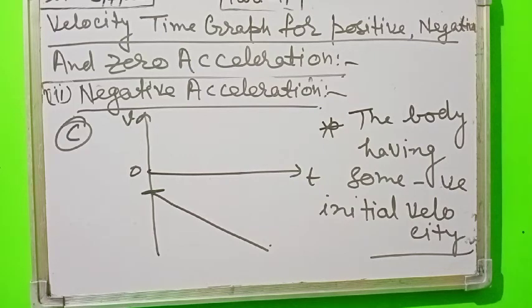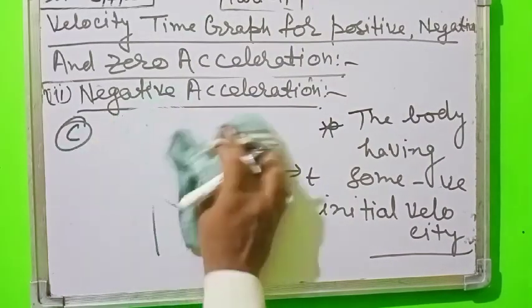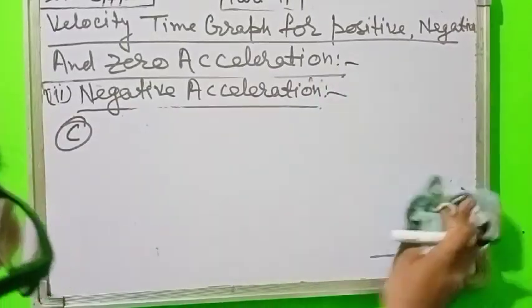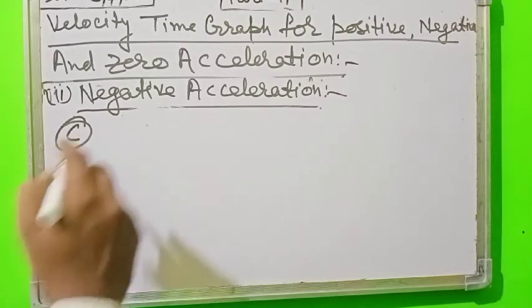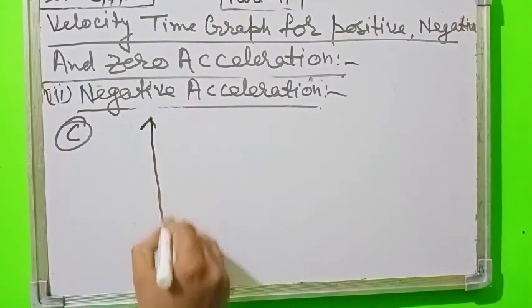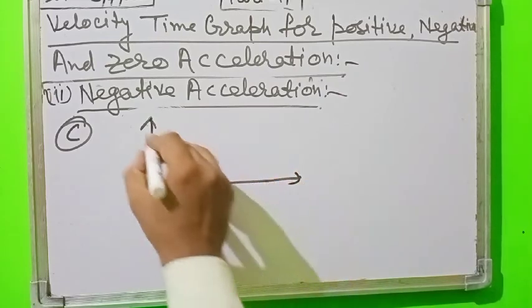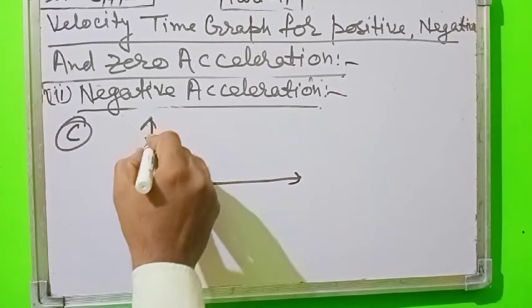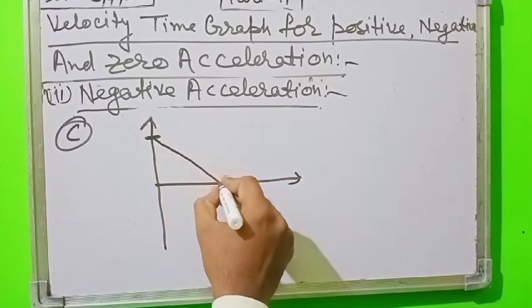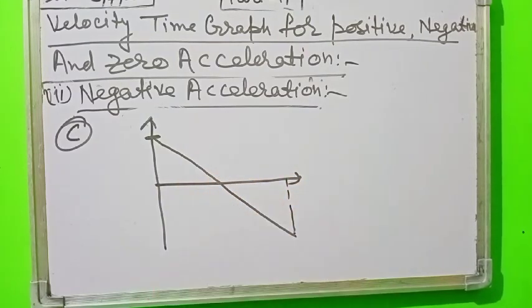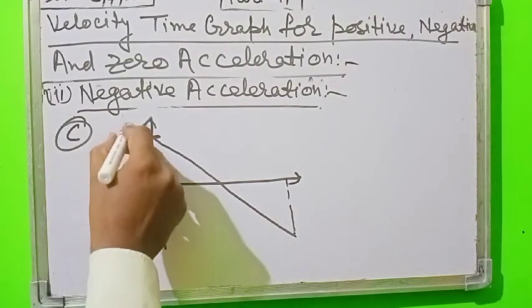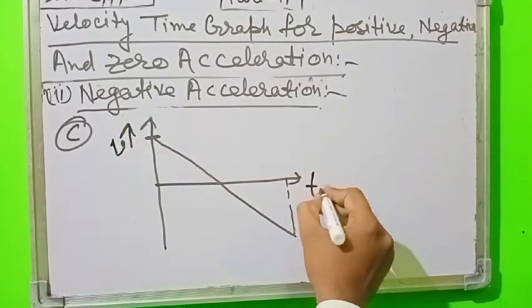Look at here. If the body has a certain positive velocity and its direction of motion is changing after a certain time t. This is velocity and this is time.